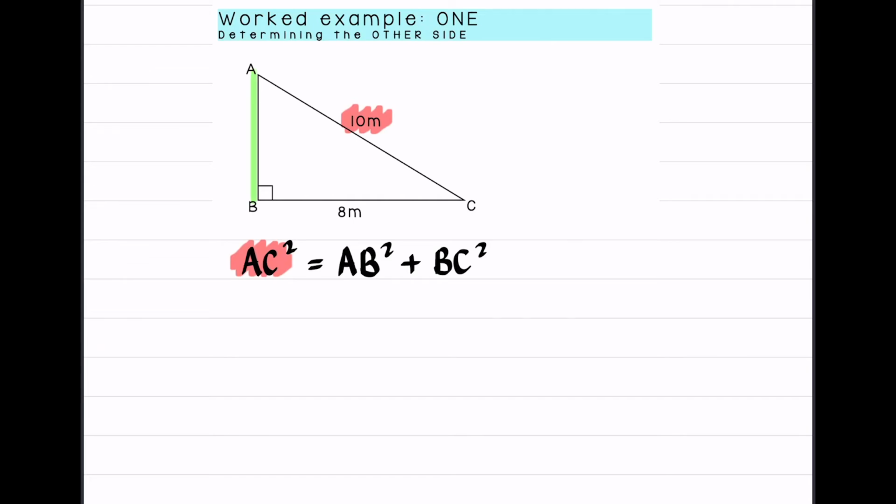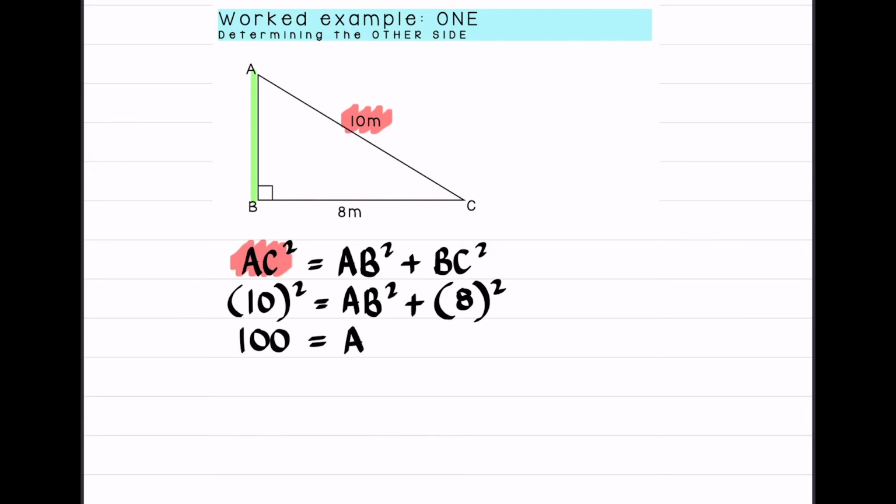AC has a value of 10, so 10 squared is equal to AB squared plus BC squared, and BC's length in this question is 8. 10 squared is 100, and that is equal to AB squared plus 8 squared, which is 64.